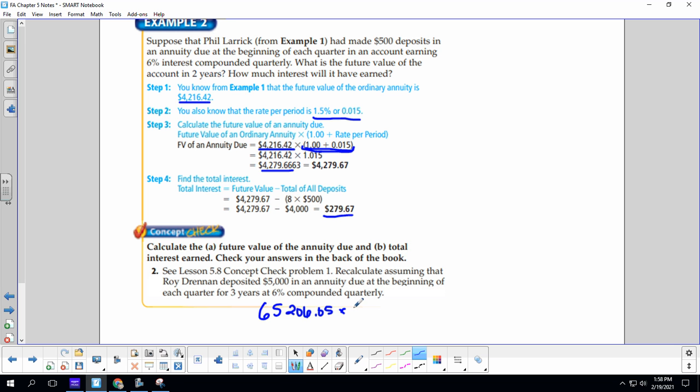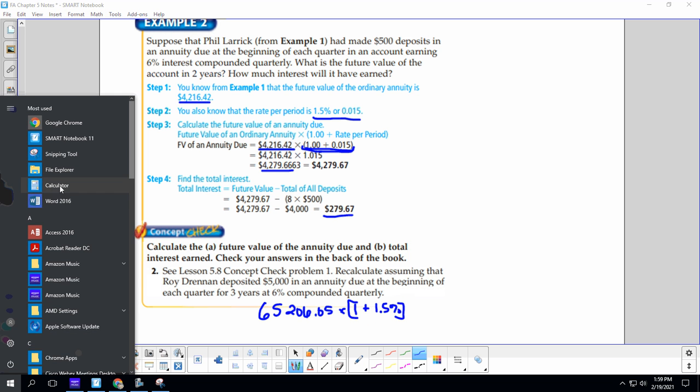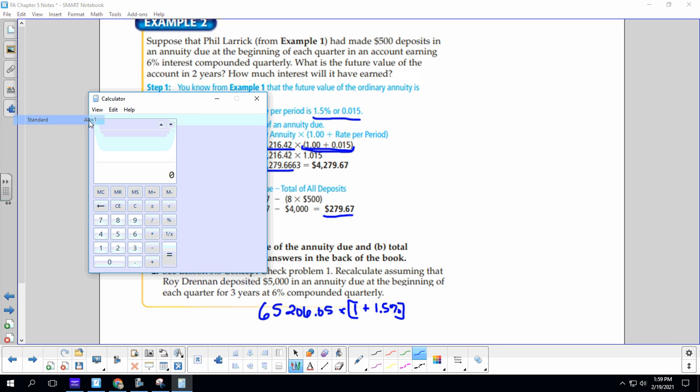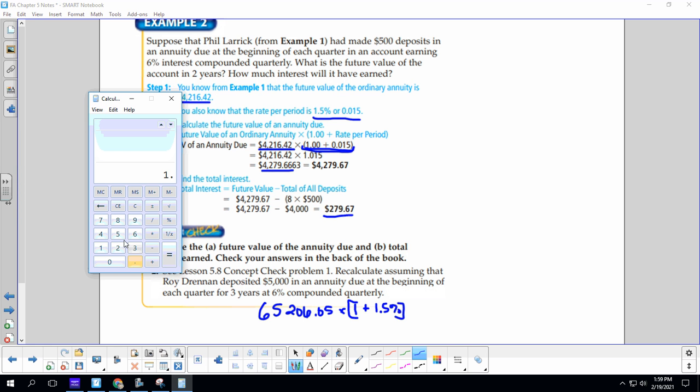We're going to multiply that by 1 plus 1.5%, and just so that you guys can see, in the calculator you go 1.5%.